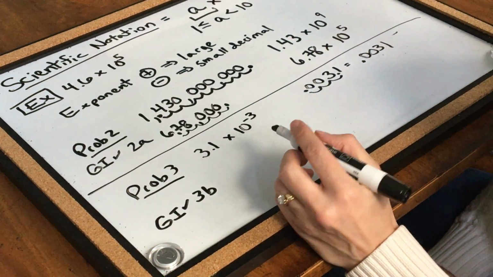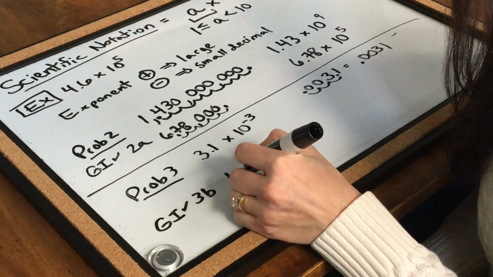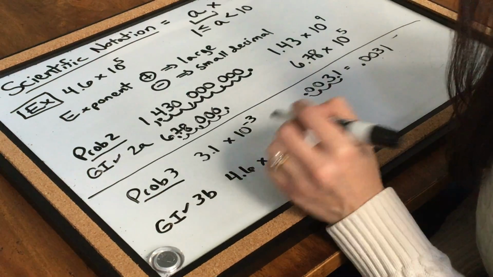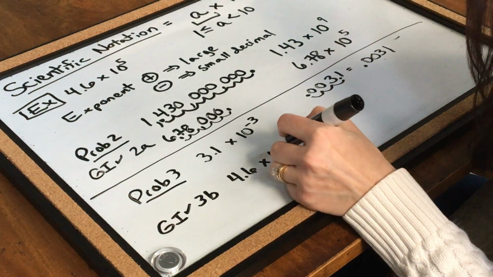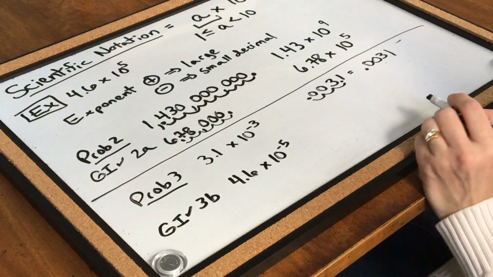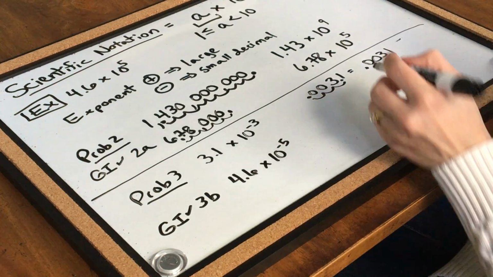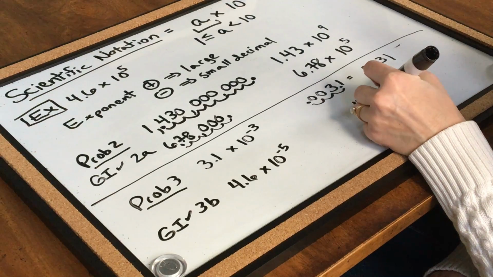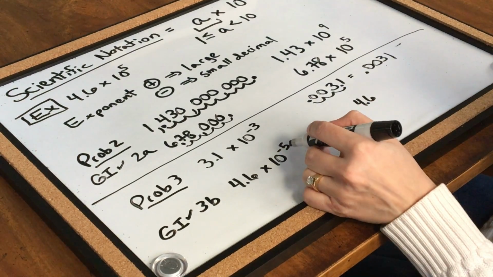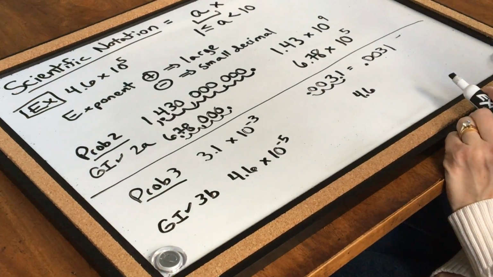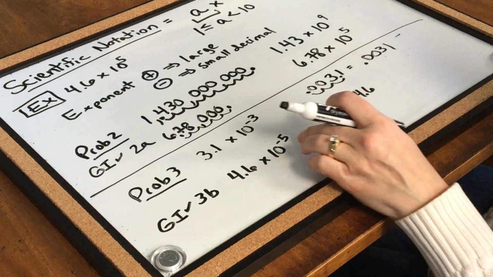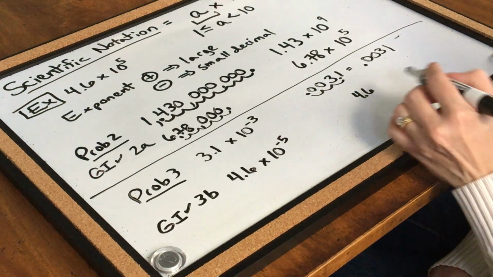Okay, let's do 3B. For 3B, they gave us the number 4.6 times 10 to the negative 5 power. So that's very similar to our example. Again, I'm going to start with 4.6 and do 5 moves of my decimal point. I need to make this a really tiny decimal because my exponent is negative.